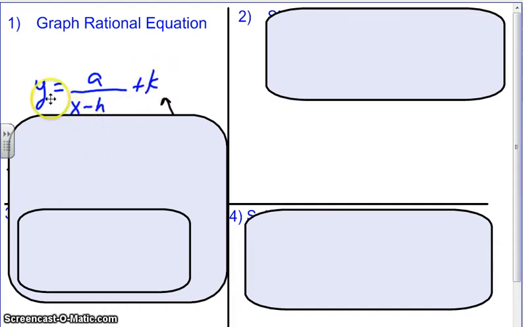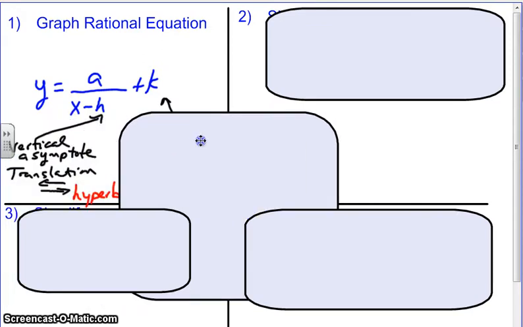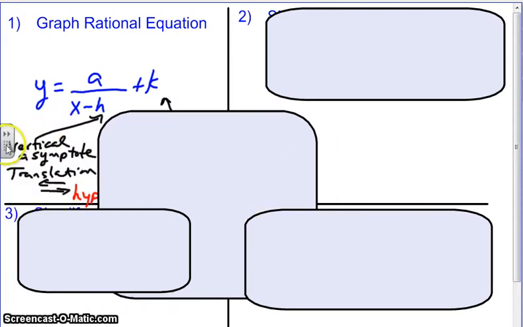What happens when we alter h? H represents the left and right translation. Good. And so it's our vertical asymptote. H is actually that if we write this expression as x minus h, then h is your vertical asymptote.